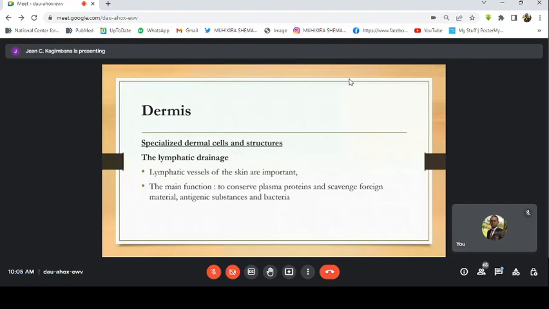Veins, arteries, and the lymphatics. Of course, its main role is to conserve plasma protein and scavenge foreign material, antigenic substances, and bacteria. That's why when you have a wound on the skin, at a distance you have a lymph node, which is a reaction to a bacterial infection or inflammation. Okay?